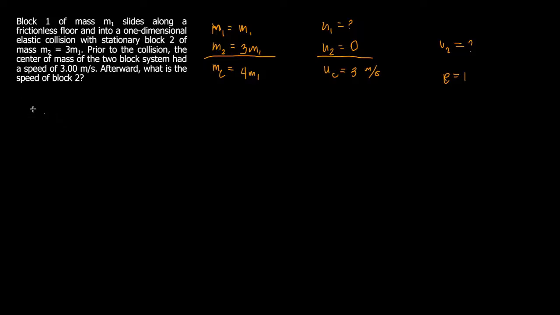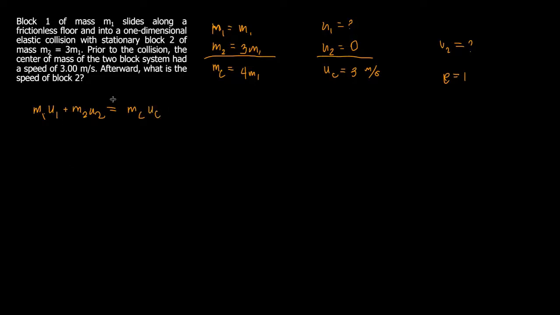First, conservation of momentum. As you may recall from the lecture, the total momentum of a system is equal to the total mass of the system, the mass of the center of mass, times the velocity of the center of mass.